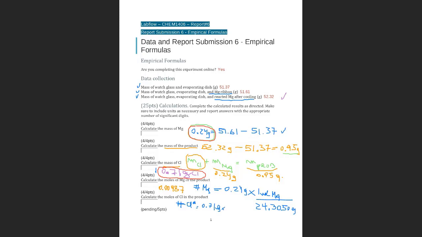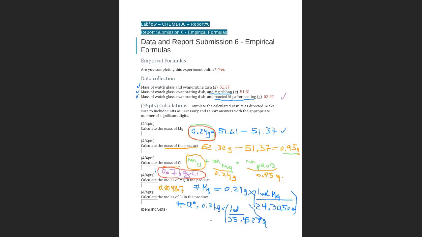And then I will use the atomic weight of the chloride, that is 35.4527.